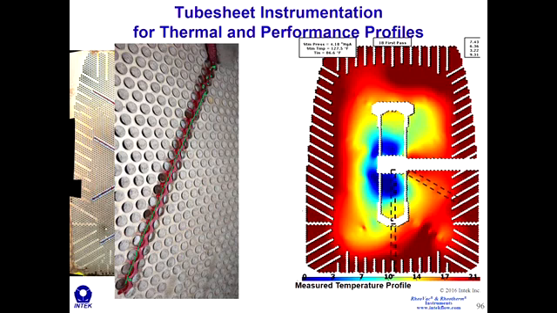And with that, shown over on the right are the locations of these instruments. The color map that you'll see here is the temperature rise across this condenser. So blue is a 0 temperature rise, and 21 is a 21 degree Fahrenheit temperature rise for this condenser.